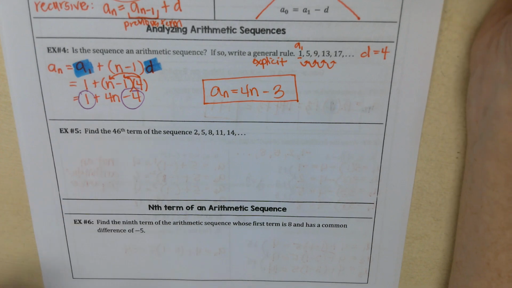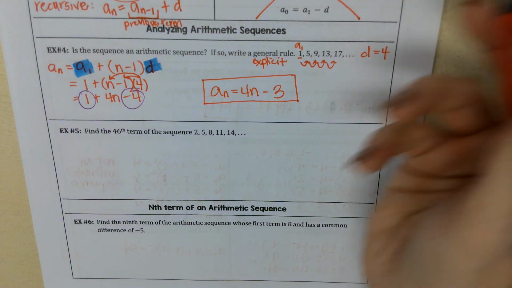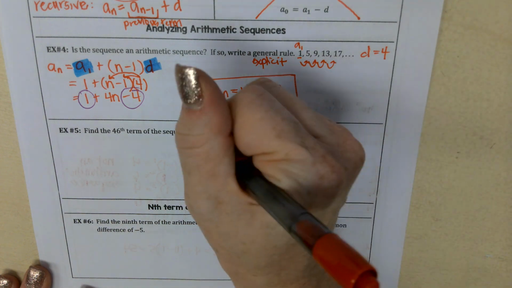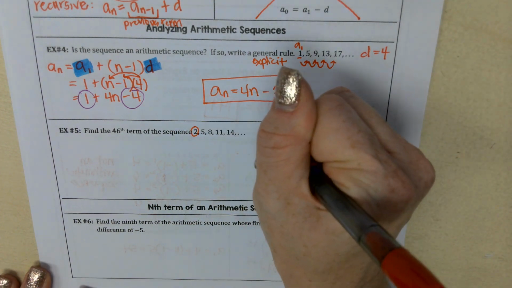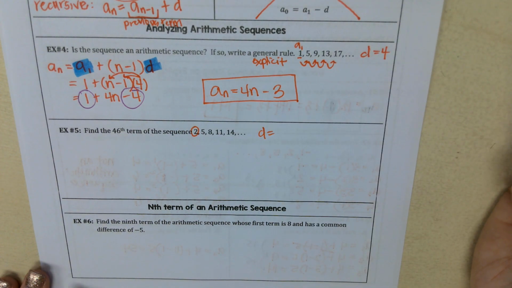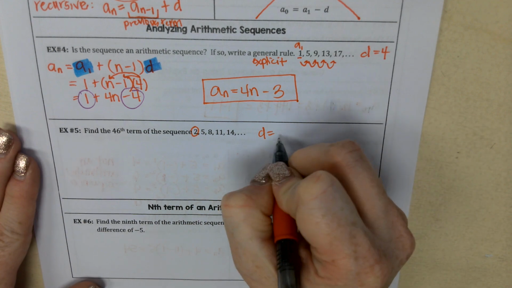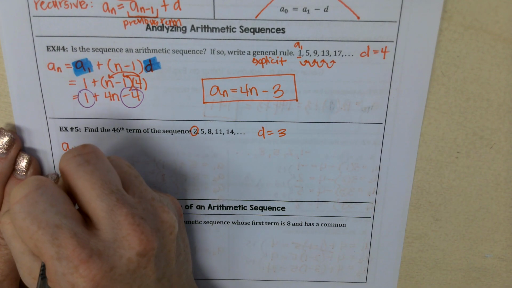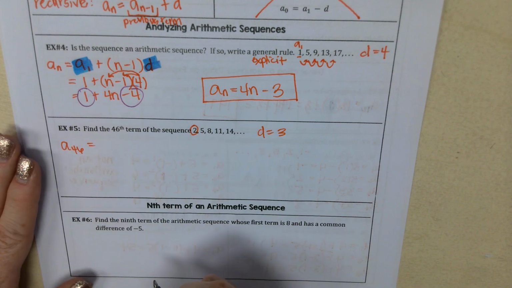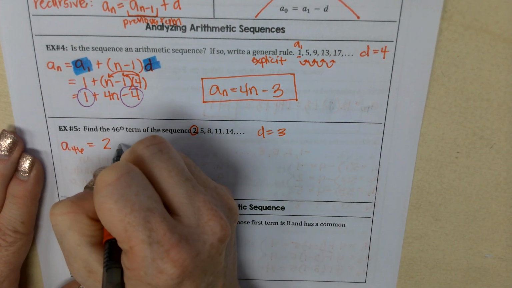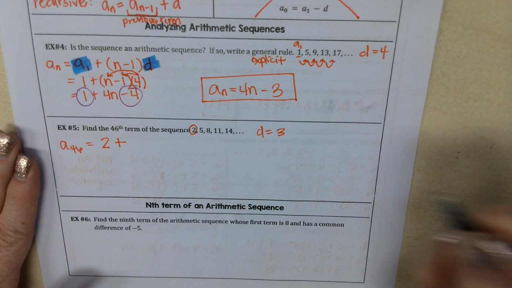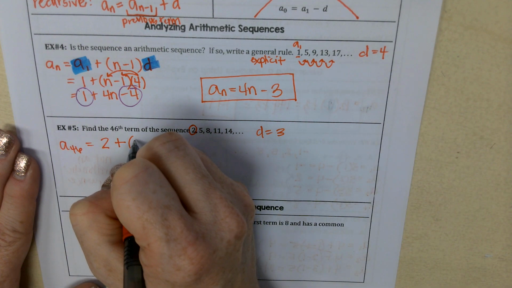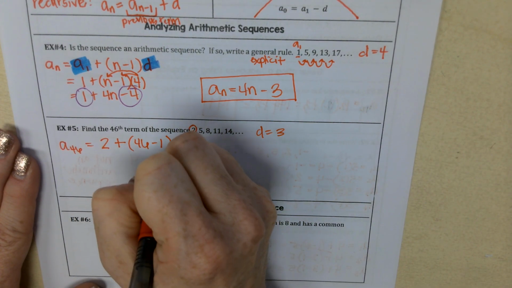Okay? Here I'm asked to find the 46th term of this sequence. Okay? I need 2 things. I need my A1 value and I need my common difference. What am I adding over and over here? 3. Okay? So my 46th term, we are going to do my A1 plus 46 minus 1.